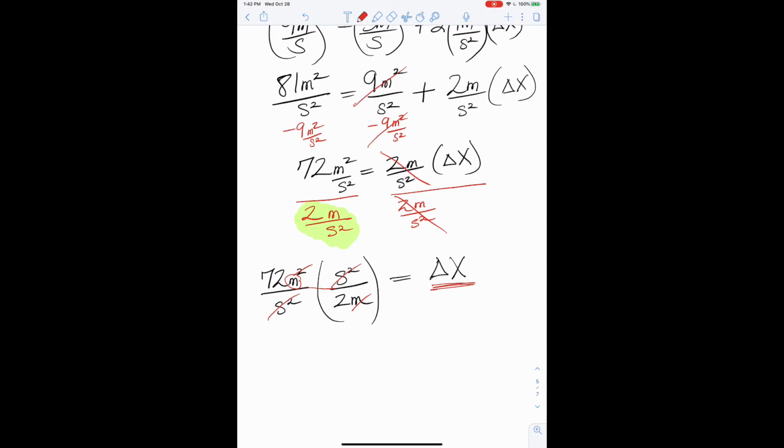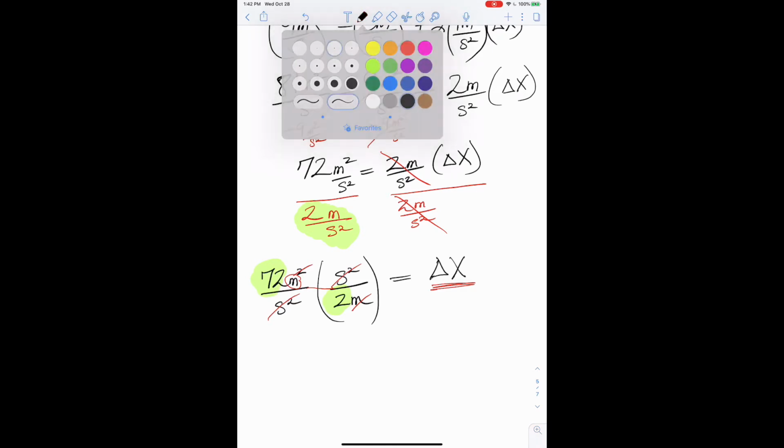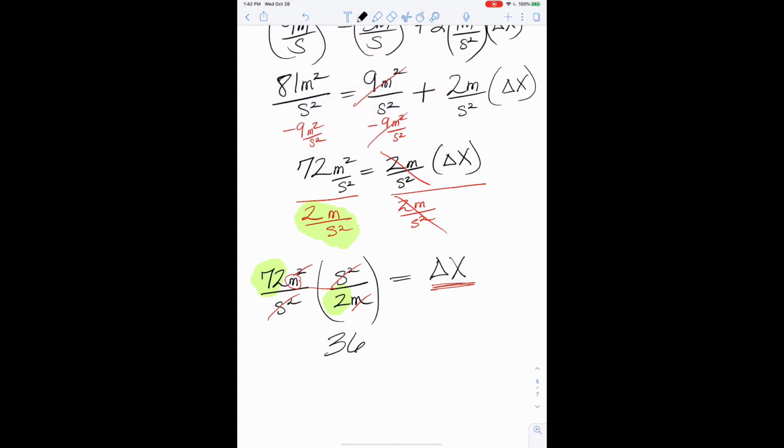And then we have a 72, don't forget the 72 divided by 2. So what's 72 over 2? 36. So we can see using K3 that we get delta x equals 36 meters.